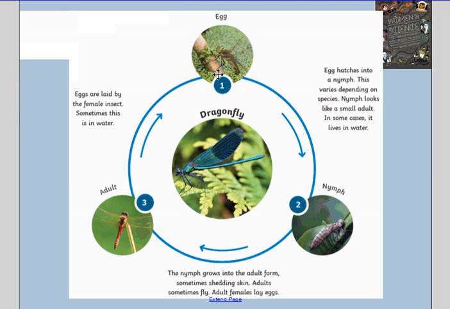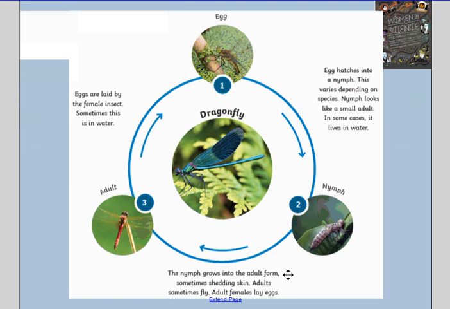Now, incomplete metamorphosis: the egg hatches into a nymph, but the nymph looks like a version of the small adult. So, very similar to the adult, but there may be some body parts or some things that are not exactly the same.